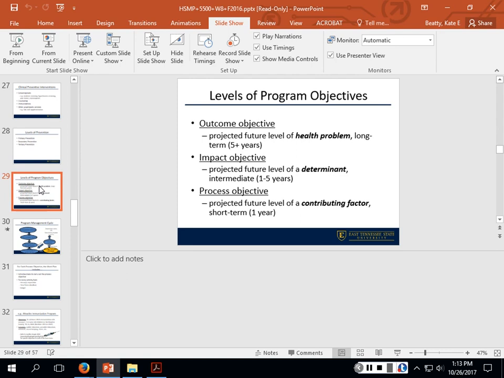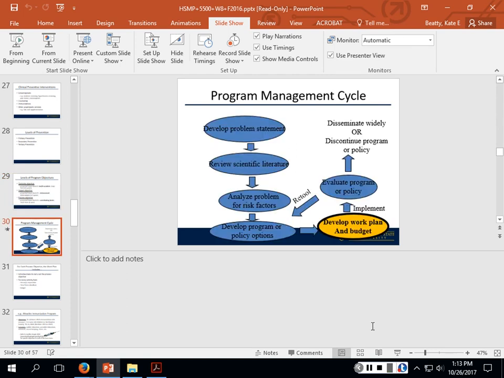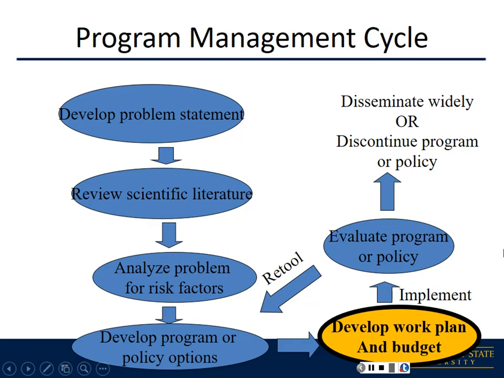Okay, so we will continue then our discussion this week, focusing on developing action plans for our process objectives, developing a budget for our program, and then evaluating our efforts.